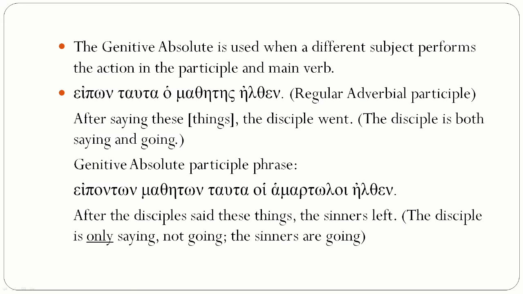In this sentence with the genitive absolute, the disciples are doing the saying, but the sinners now are doing the going. So there we have that genitive absolute: after the disciples said these things, the disciples is the subject of that in the genitive, and then the sinners left, or the sinners went.